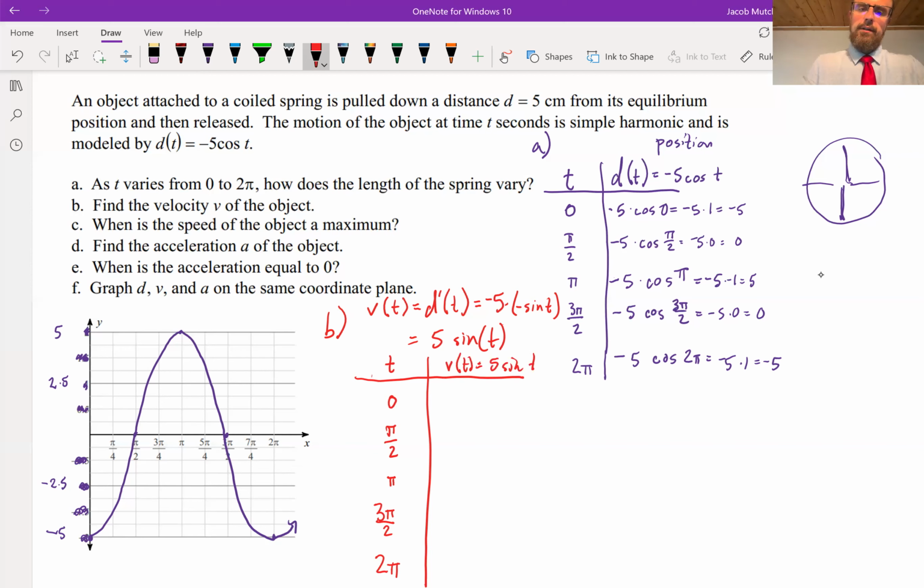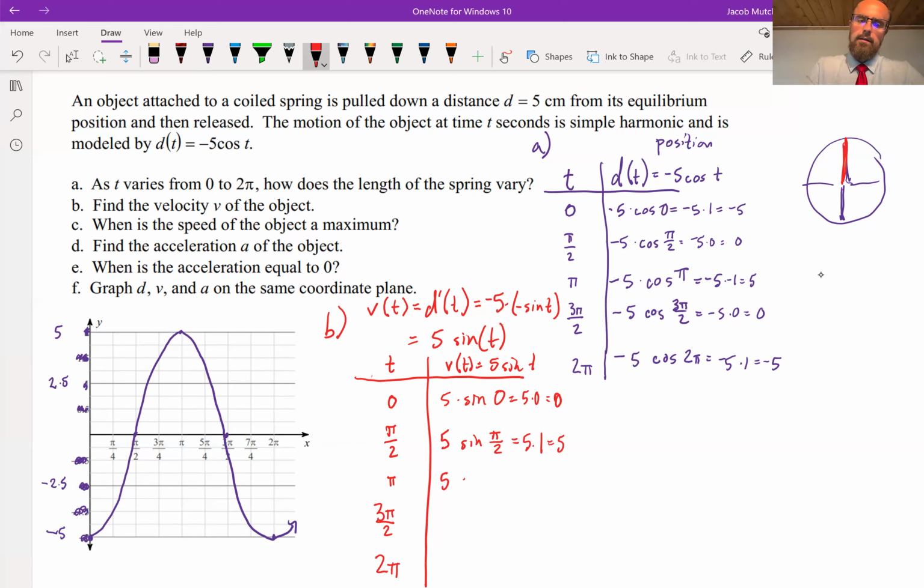So let's calculate 5 times sine of 0. Sine is the vertical component. At 0, the vertical component is 0, so this has a value of 5 times 0, which is 0. At pi over 2, that's the 90 degrees, sine has a value of 1, so that's 5 times 1, or 5.